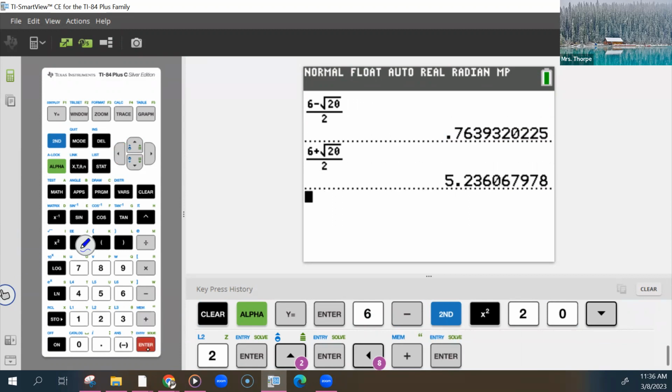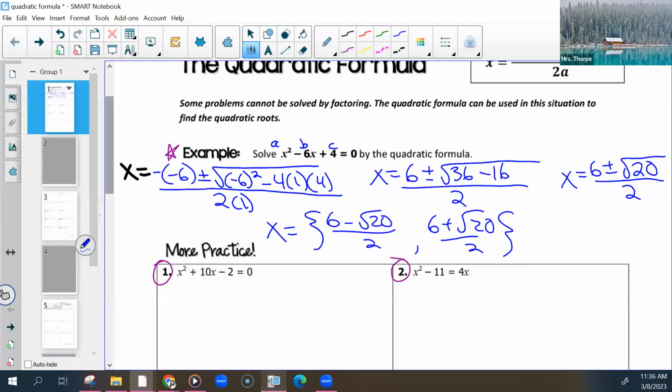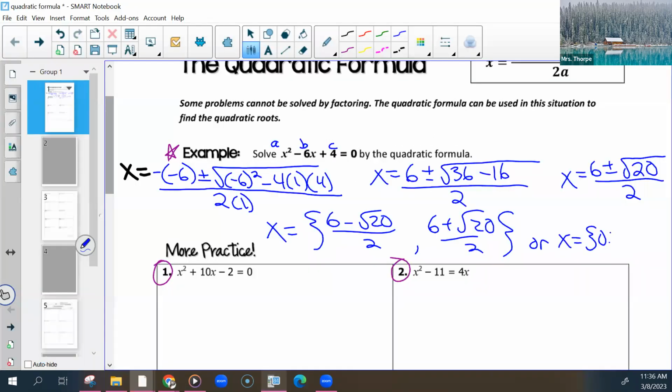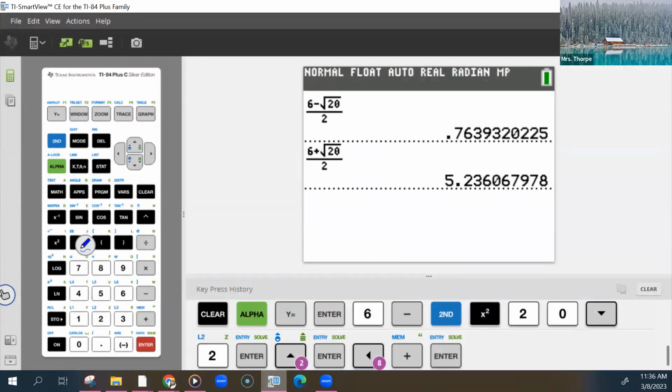So your solution set would be 0.763 and 5.236.